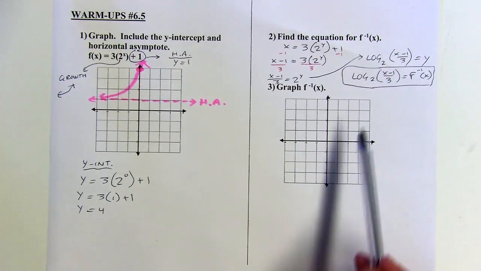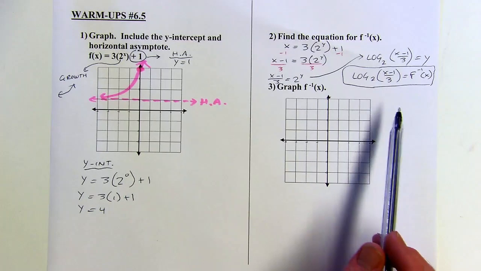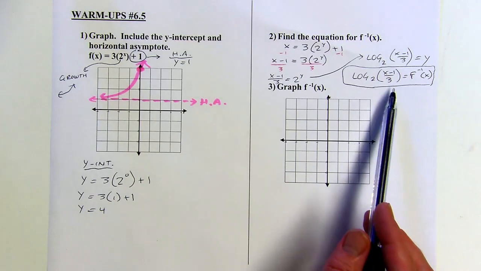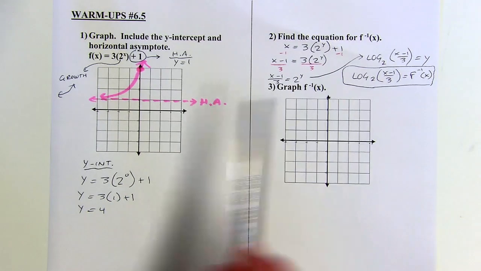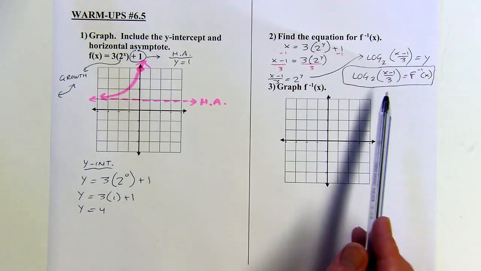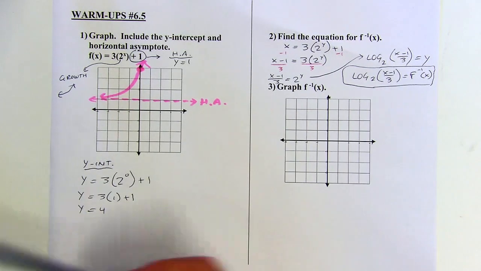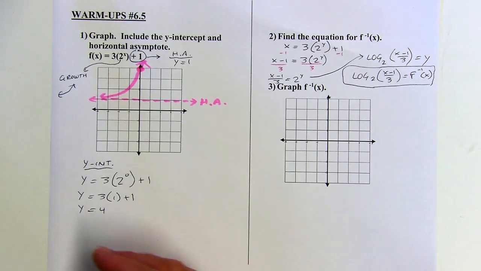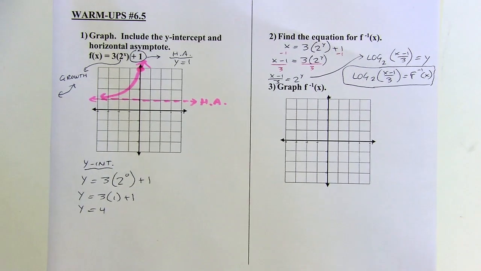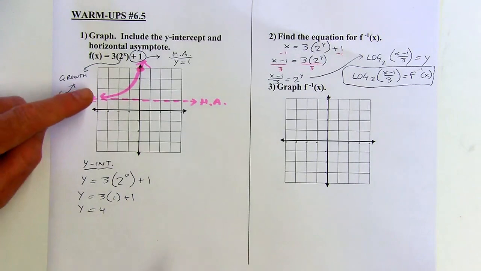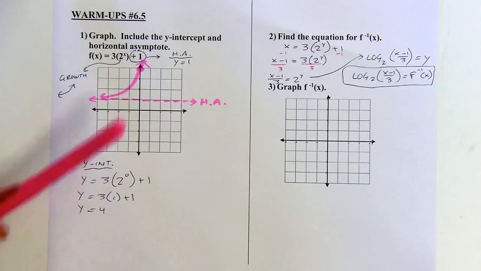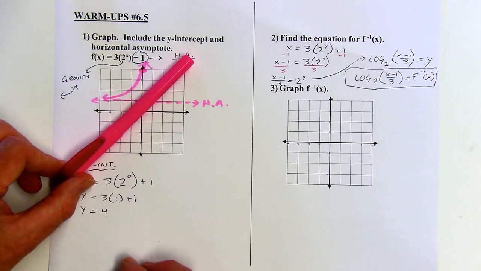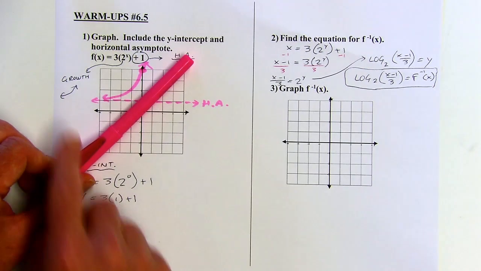So we've got a log form, and now on the next part, we're going to graph this log. This log is a little weird to graph because we've got a fraction as the argument. But if you remember that graphing the inverse of a function is the same as reflecting over the line y equals x, I can imagine what this would look like reflected over this line.